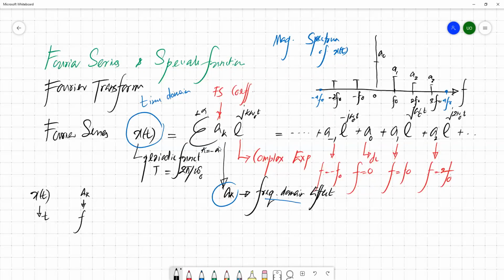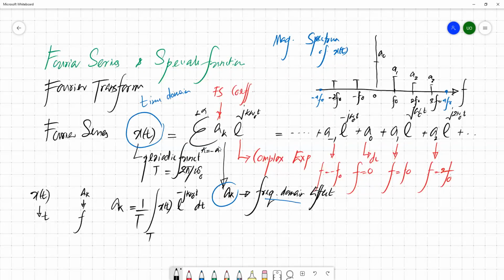Okay. Again, to evaluate a_k, during Signals and Systems 1, we got an equation like this: x(t) e to the power minus jk omega naught t dt.